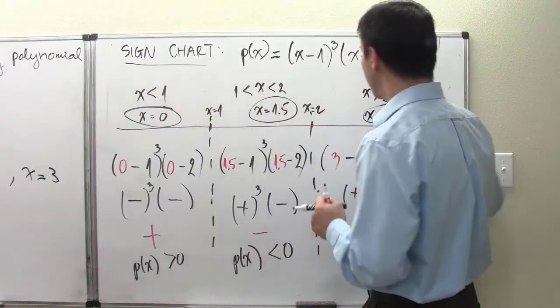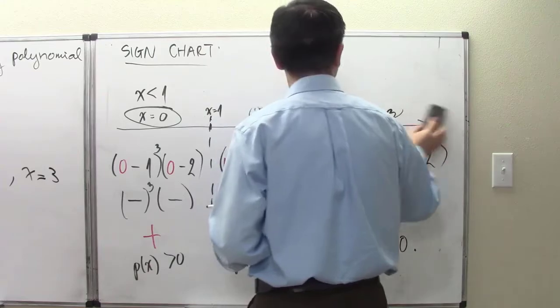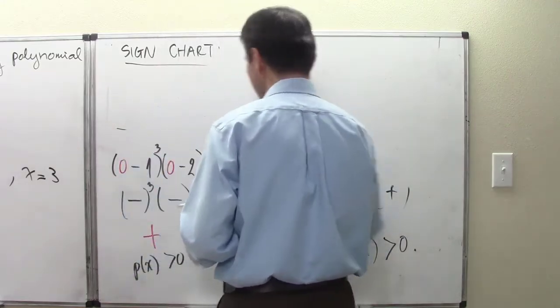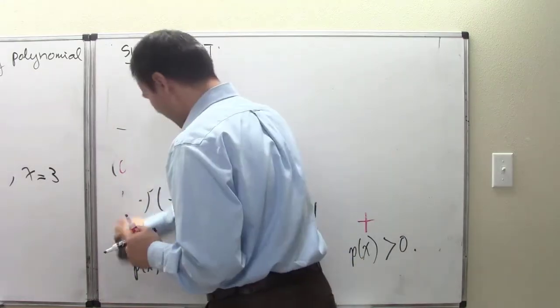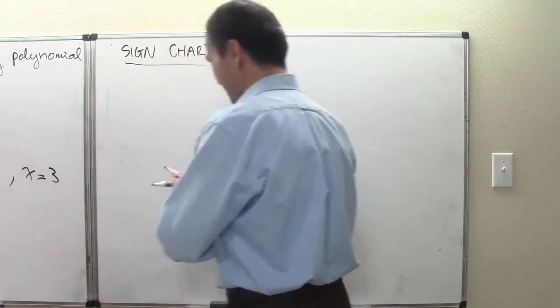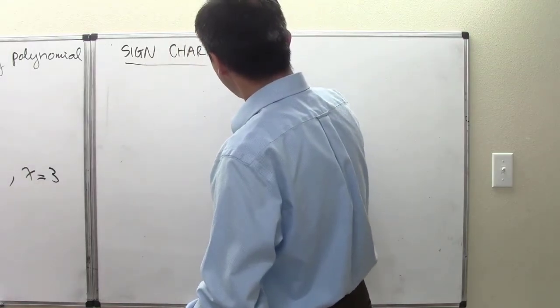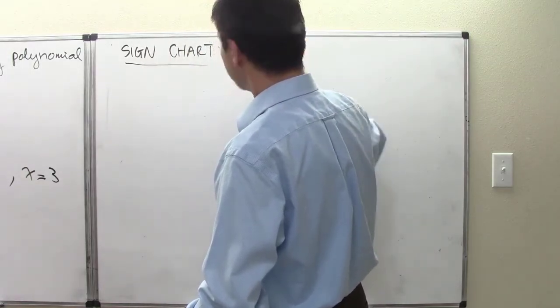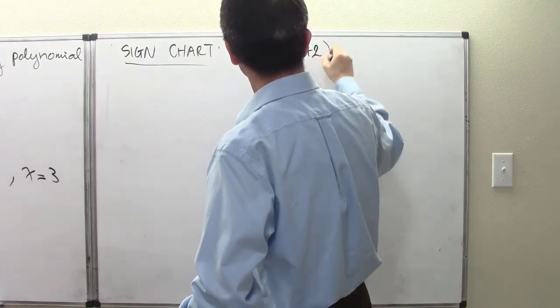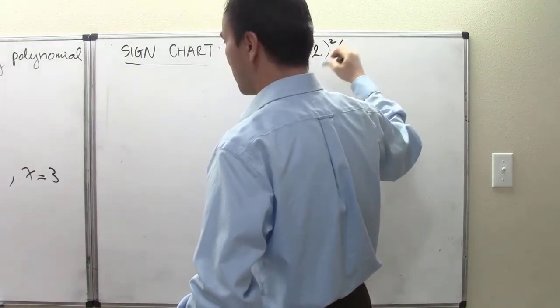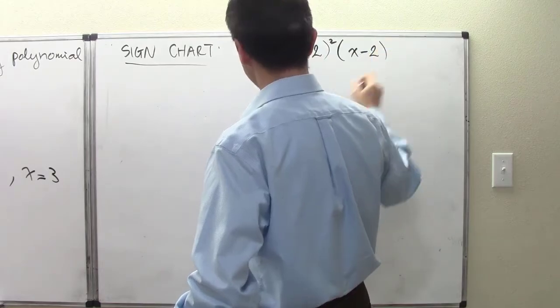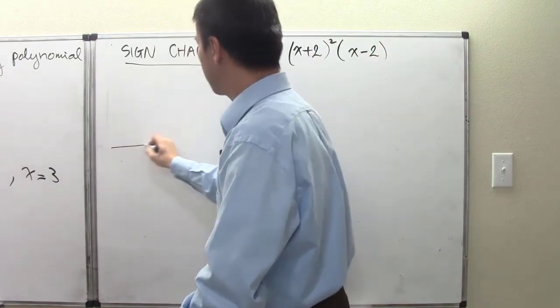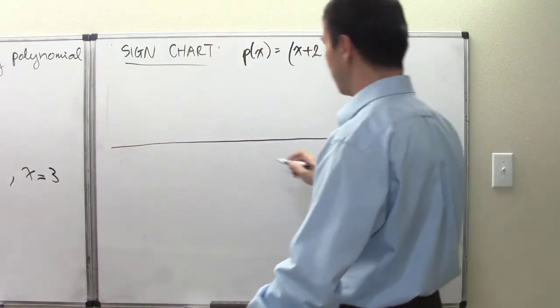Let's now look at our sign chart. For the polynomial, it was x plus 2 squared in product with x minus 3. As far as the zeros from the other board, I can bring them in here and put them all into a line.